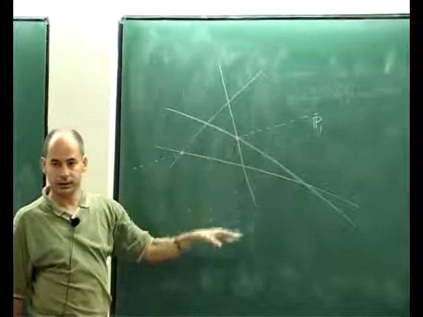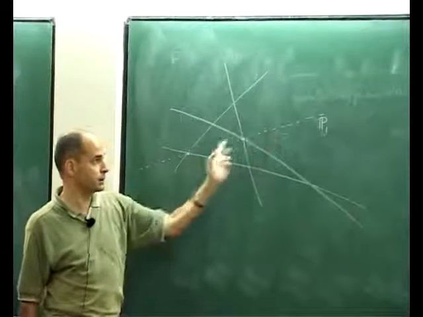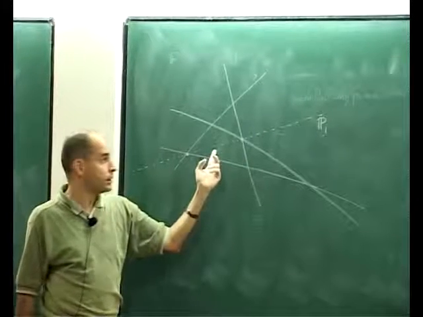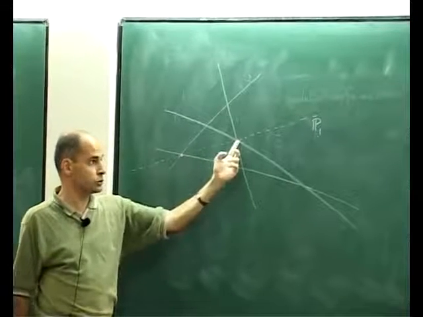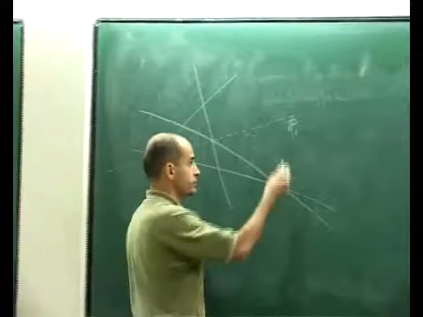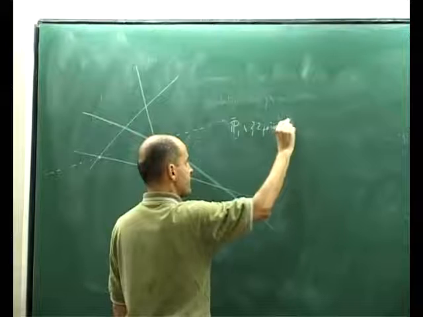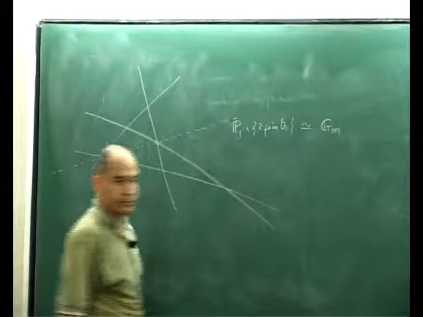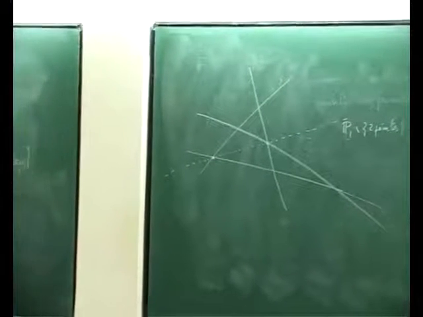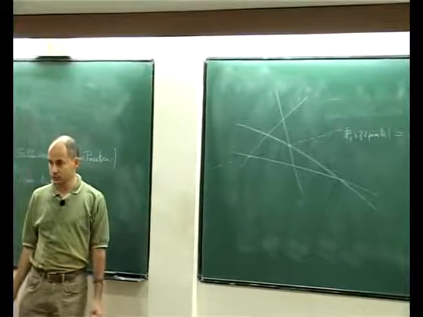While a generic line intersects this configuration at 4 points, there are certain special lines, like the one I drew, that intersect only at 2 points. So this dotted line is P1 minus 2 points, and so it is geometrically isomorphic to Gm. And Gm contains infinitely many integral points which correspond bijectively to S-units.